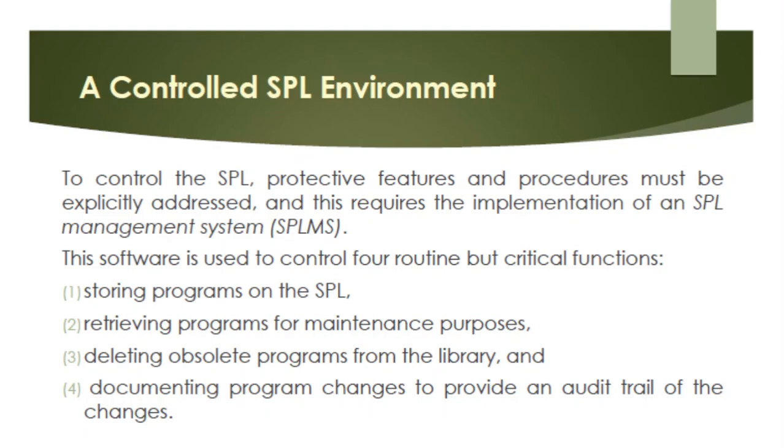Next is retrieving programs for maintenance purposes, deleting obsolete programs from the library, and documenting program changes to provide an audit trail of the changes. So these are the four areas that really need to be taken into consideration when you are using an SPL management system.